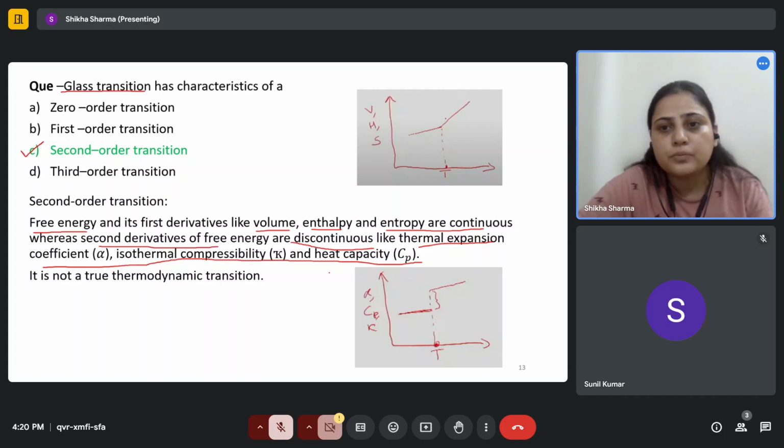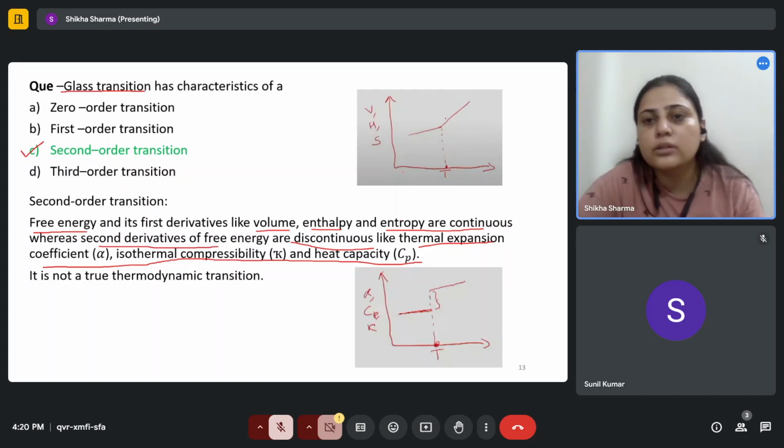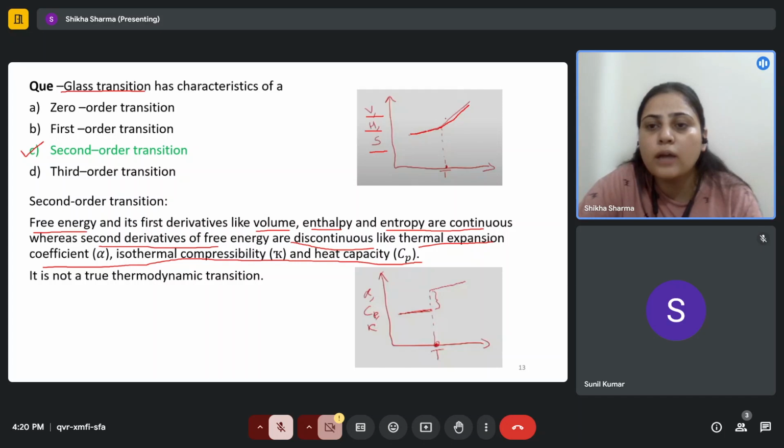Also, we can see in the graph above that the volume, enthalpy, and entropy are increasing, and after the Tg, they again increase, but at a much more rapid rate. The slope of the graph changes, but the graph is continuous.